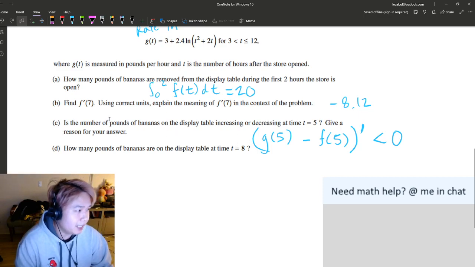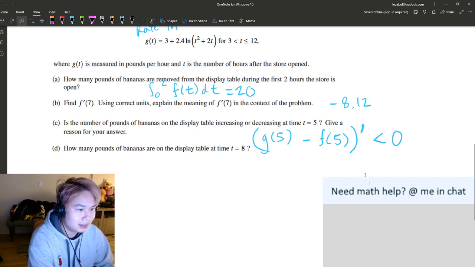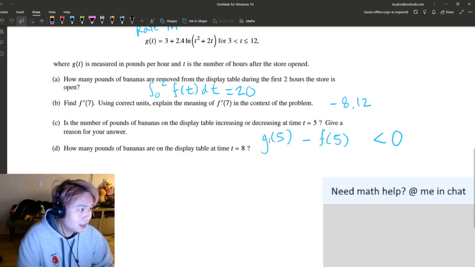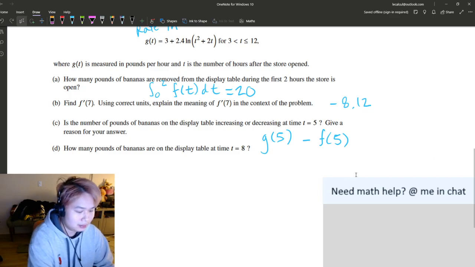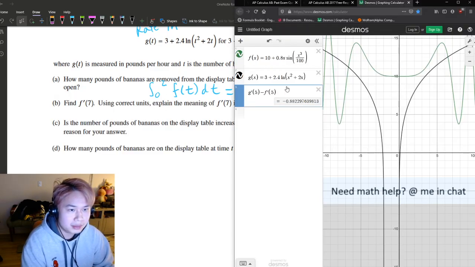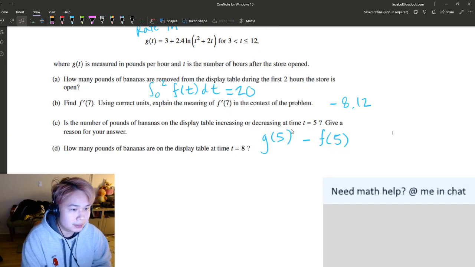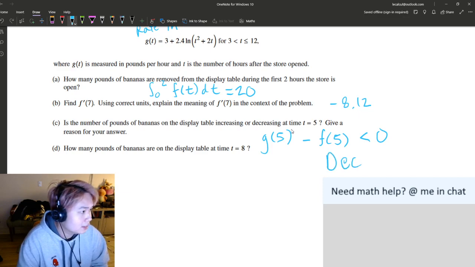We want to find out if the pounds of bananas is increasing or decreasing. So I don't think I need to actually find the derivative. I just take the bananas going in minus the bananas going out. So maybe that's easier. Negative 2.2. Either way, it's negative. So then we can say that it's decreasing.